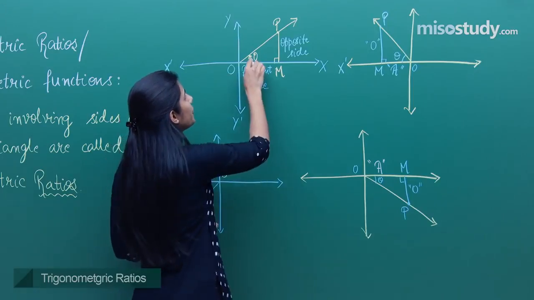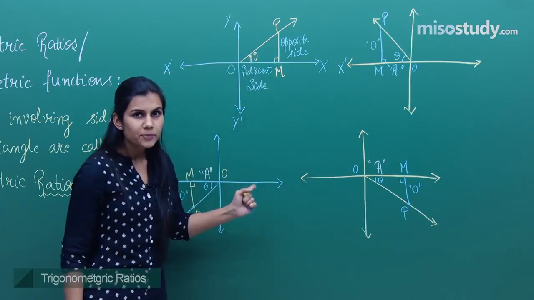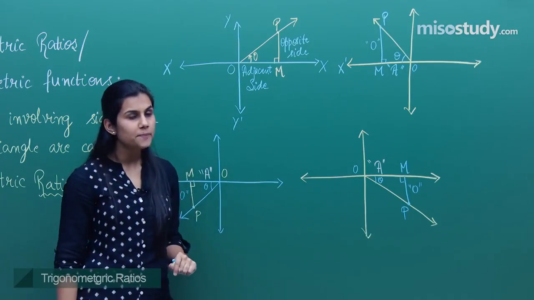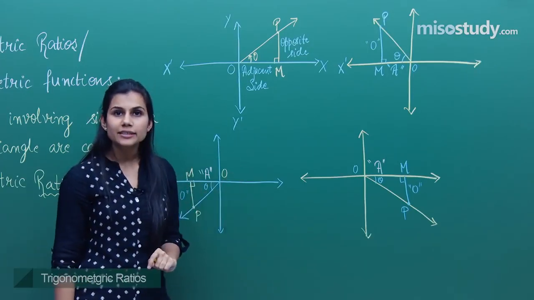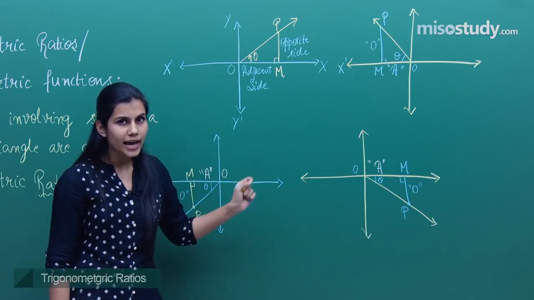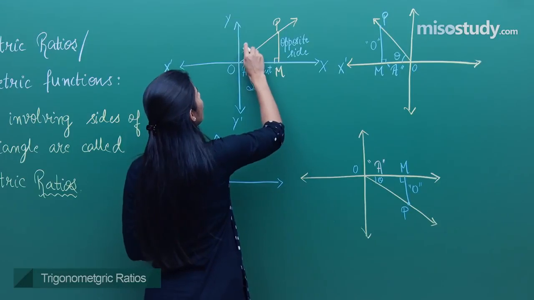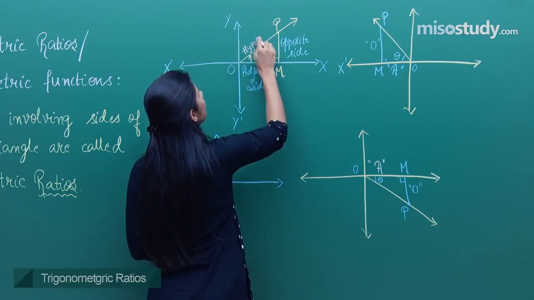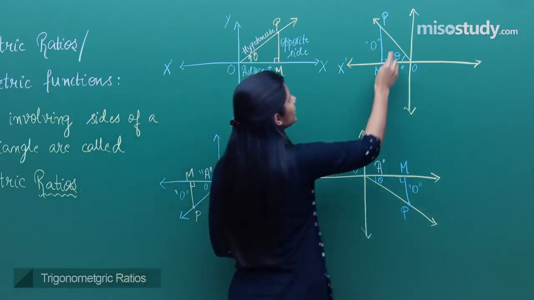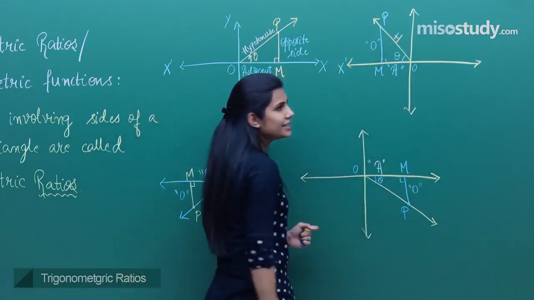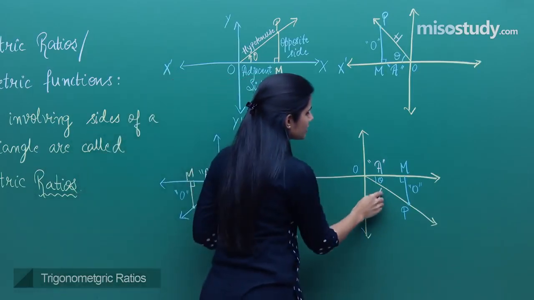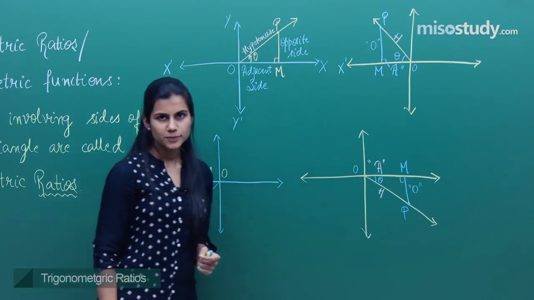With respect to the angle theta, we have made one side the opposite side, one the adjacent side, and the third one is the largest side of this triangle. You all know what it is called. It is called the hypotenuse. This is the name of the largest side of this right triangle.